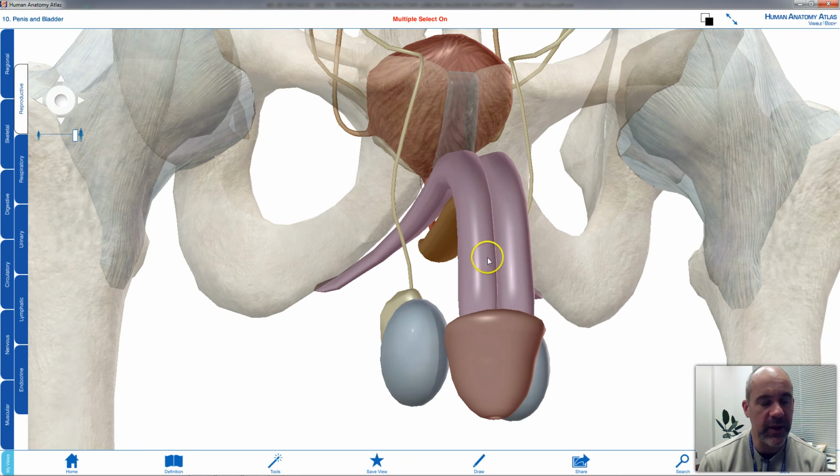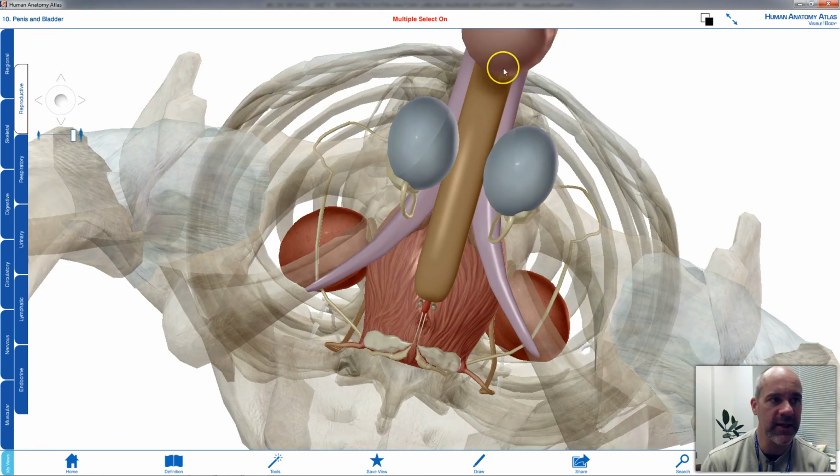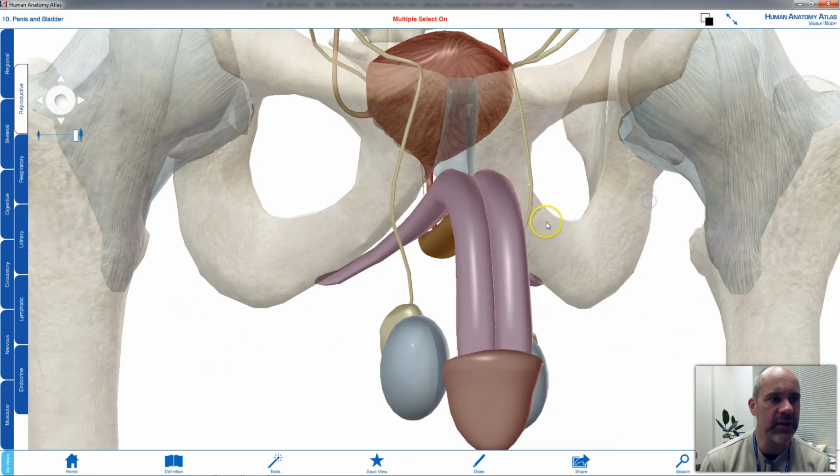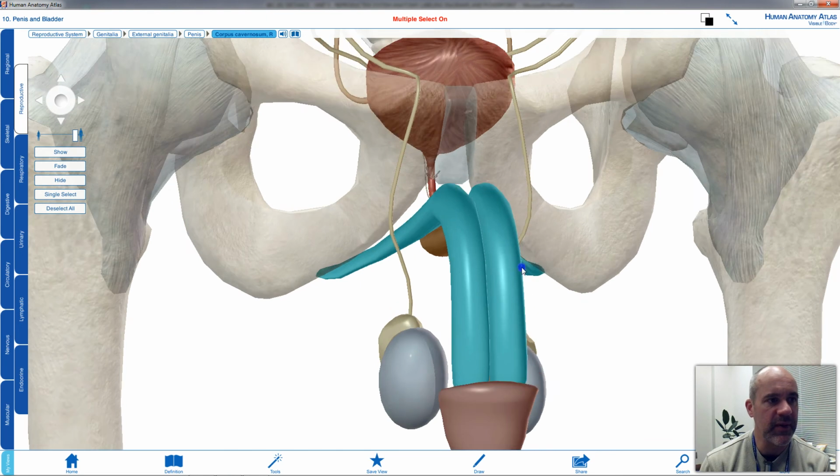This part of the penis up in here is actually called the dorsal portion of the penis, which means back. Dorsal means the back side. So you have to think about the penis being in an erect, functional position. Then this portion would actually be posterior, and the underside under here would be anterior in that situation. So each of these is a corpus cavernosum. But there are two of them, and the plural form of that is corpora cavernosa. So you've got these two cylinders.